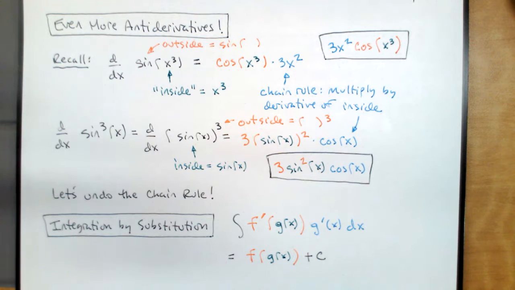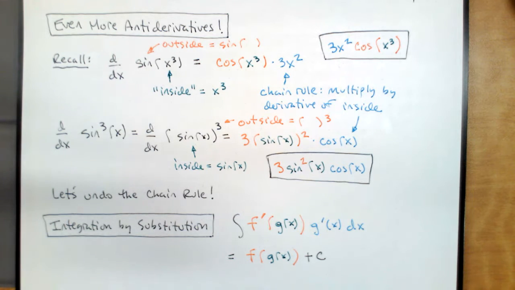What we're going to be looking for to do the substitution process is something that we can call the inside function and the derivative of the inside as a factor. And then the outside function is the one that actually gets integrated.